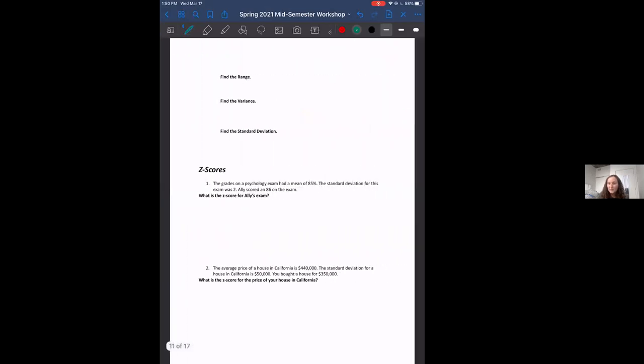So then let's go on to find the range. I'm going to write the numbers back at the top right here since you can't see them. Okay, so now let's find the range.